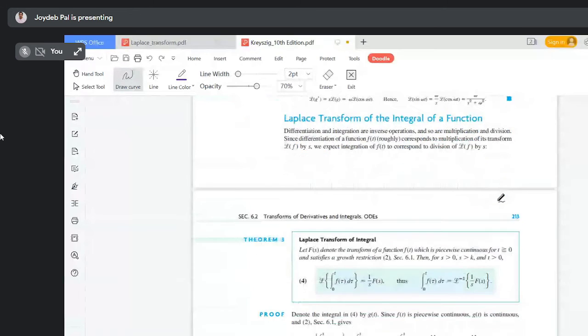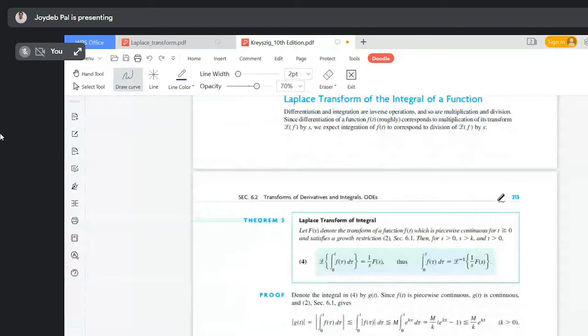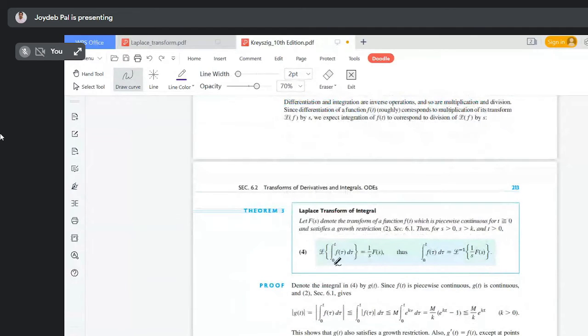And another formula is related to integration. So Laplace transform of integration. So that integration will be of some particular specialized form. Not for every type of integration we can find the Laplace transform. Only we can find the Laplace transform of integration 0 to t f tau d tau.